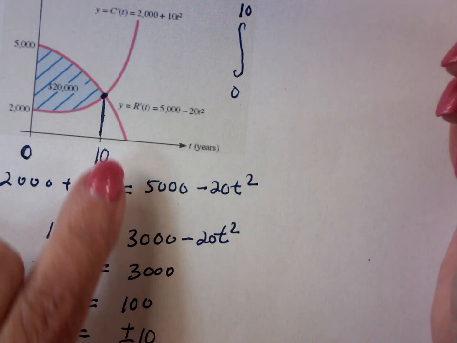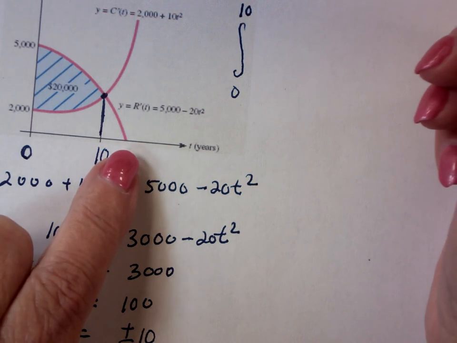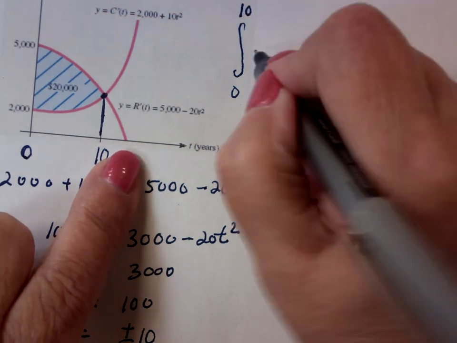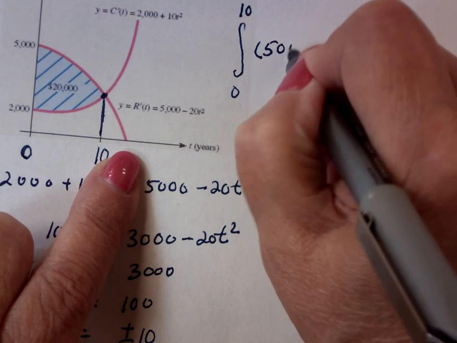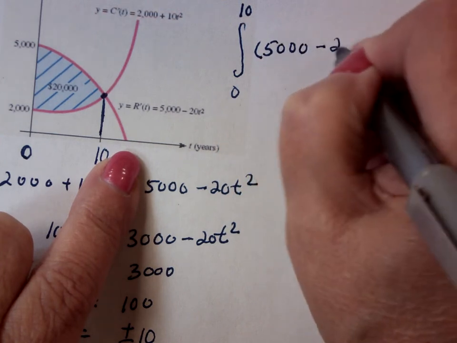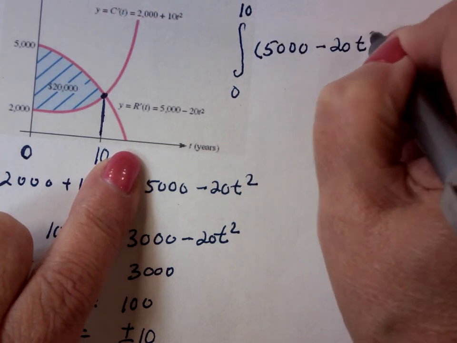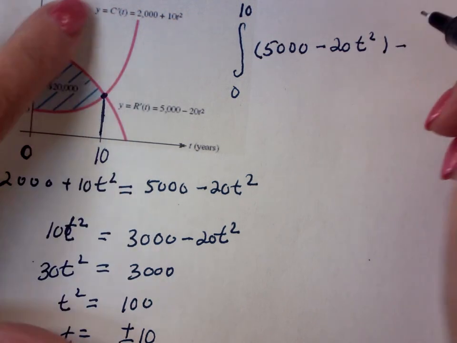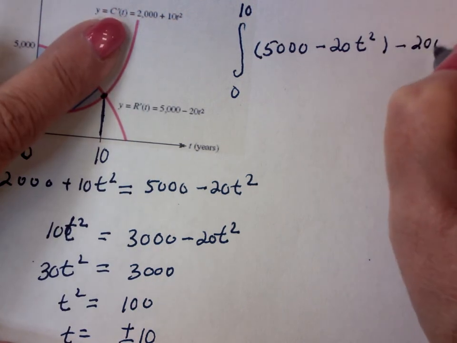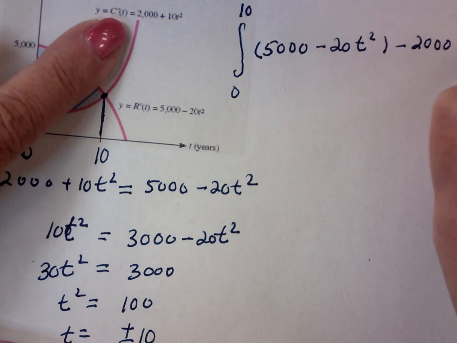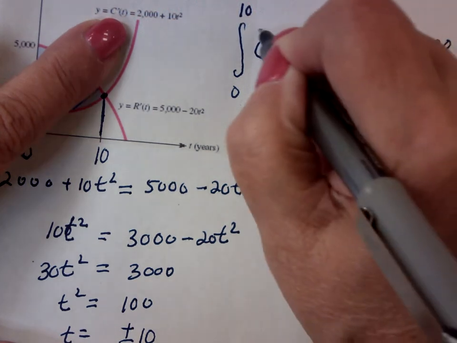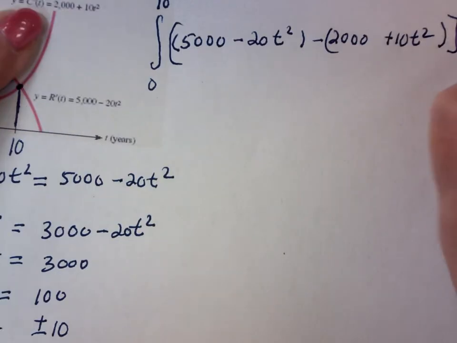Who's the guy that's above? 5,000 minus 20t squared minus, the upper one is 2,000 plus 10t squared dt.